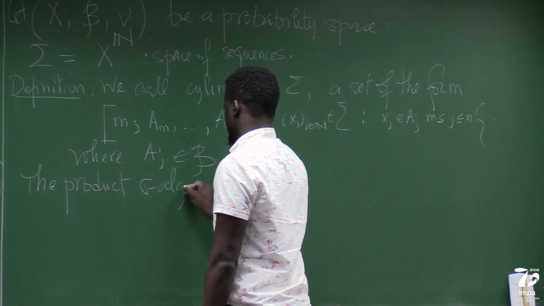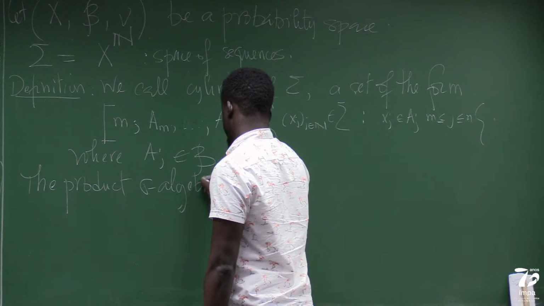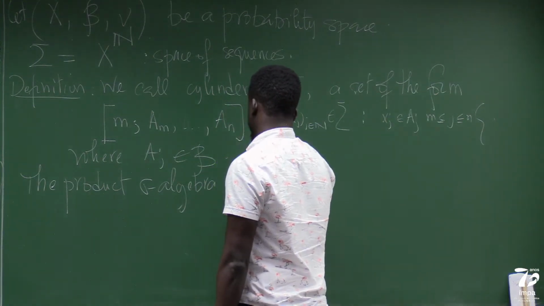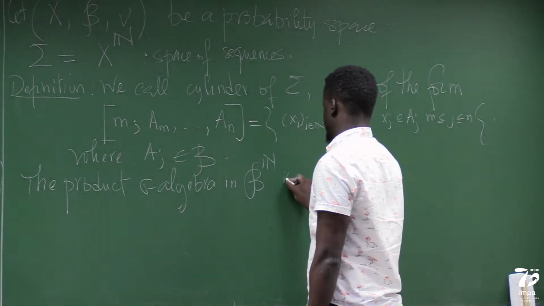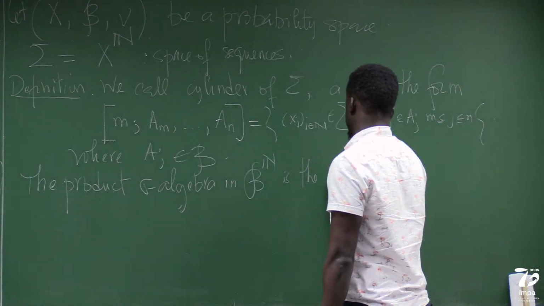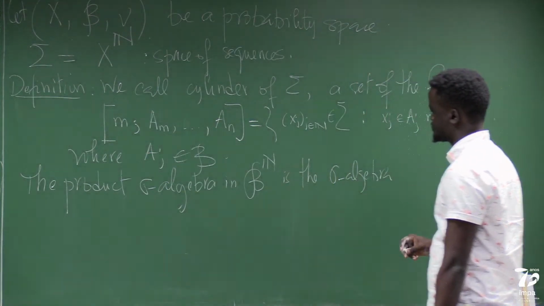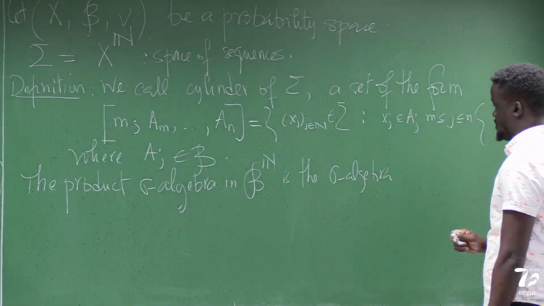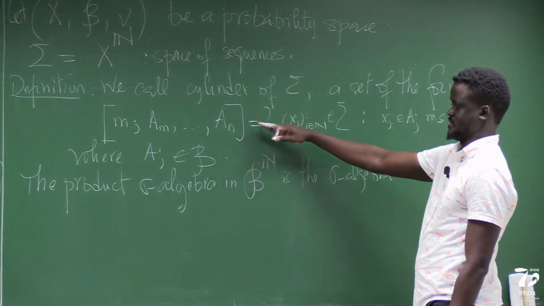The product sigma algebra B^N is the sigma algebra generated by these cylinders, okay?